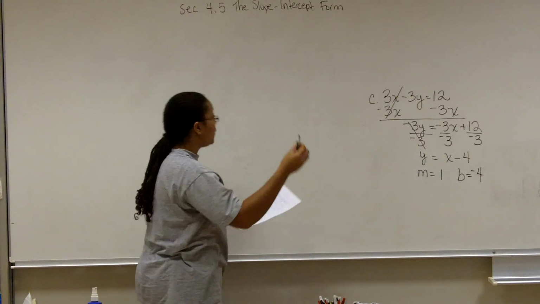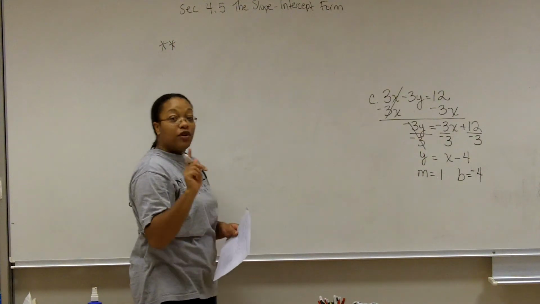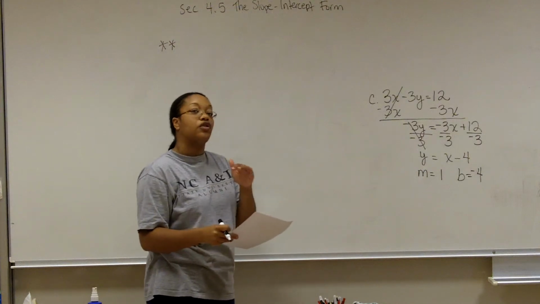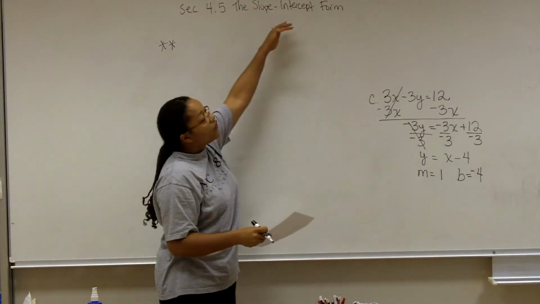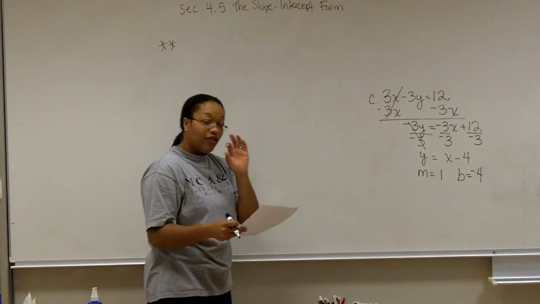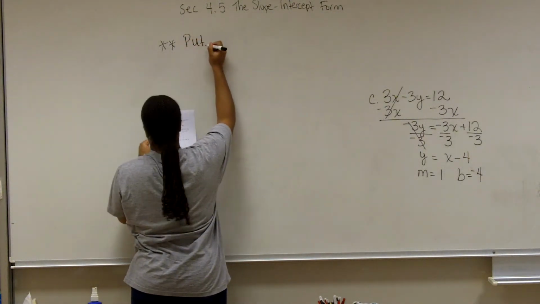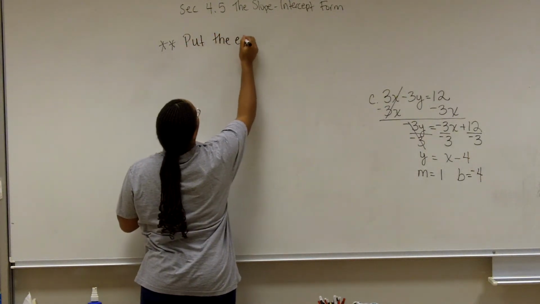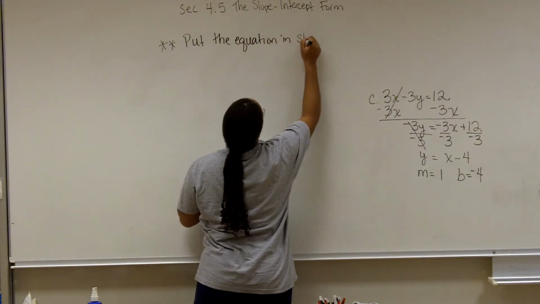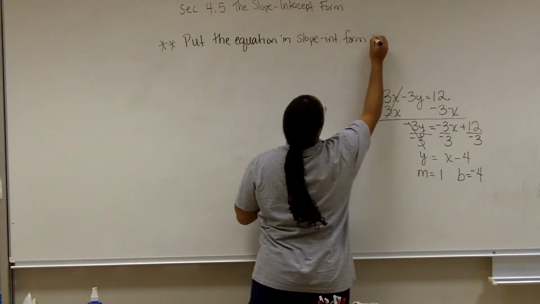So before we get to the steps, you've got a little asterisk, double asterisk on your notes there. What I want to put there before we start talking about what you need to do is you've got to pay attention to your equation. If it starts off in slope-intercept form, great. You proceed on through your steps. But just in case, you've got to make sure that you put the equation in slope-intercept form first.